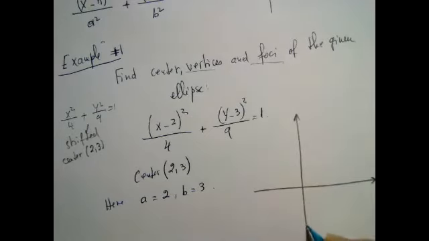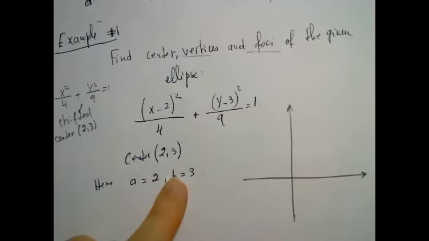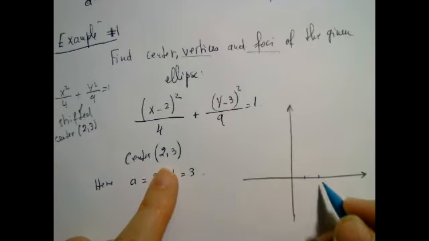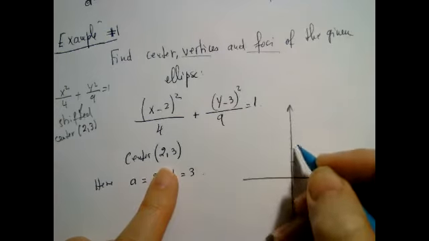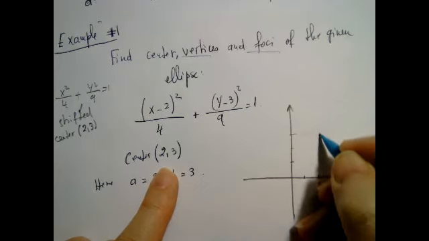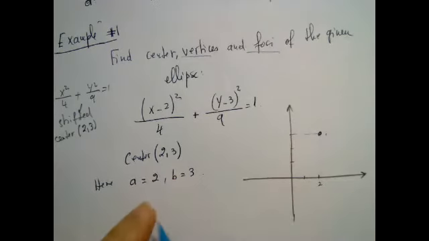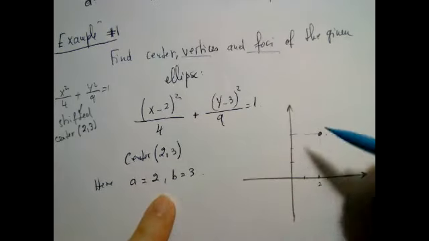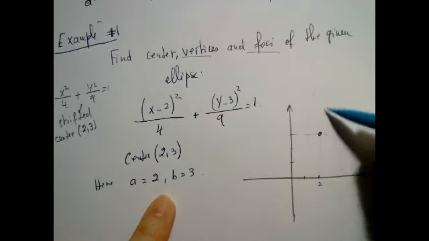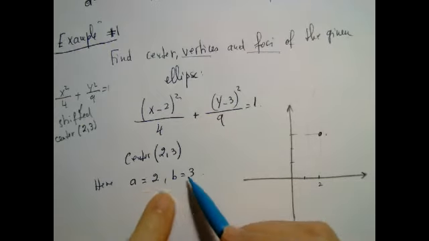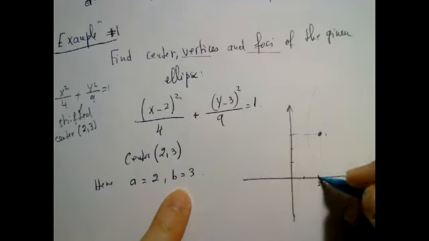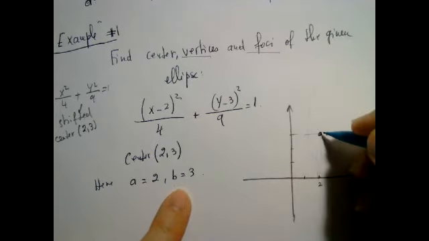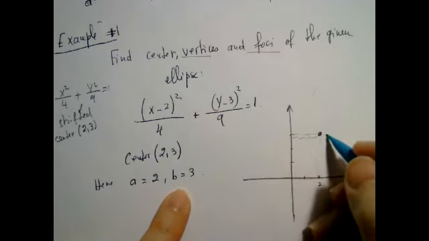The center is at (2, 3). A is smaller than b, so we know it's going to be elongated like that. Now, a is 2 and b is 3. A is 2, it means you have to go 2 units and 2 units.